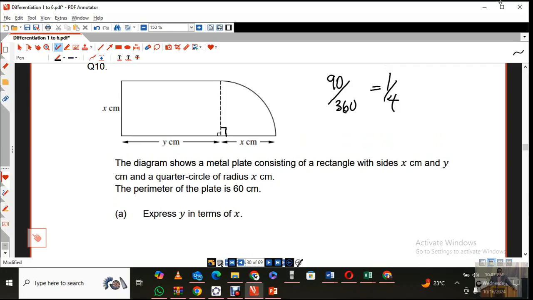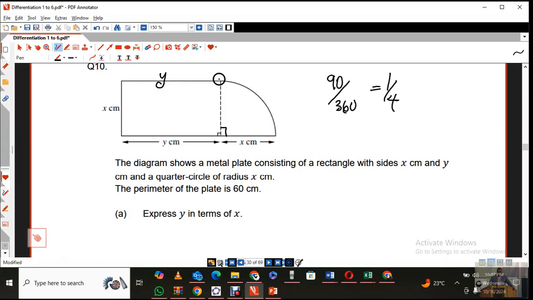They say express y in terms of x. And to do that, we have to use the perimeter formula. And you should know that the perimeter consists of, if you look at it, x plus y and this distance.